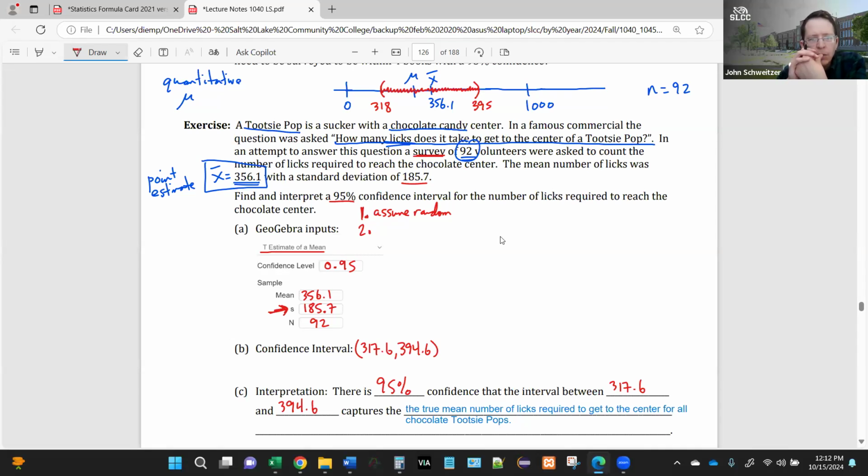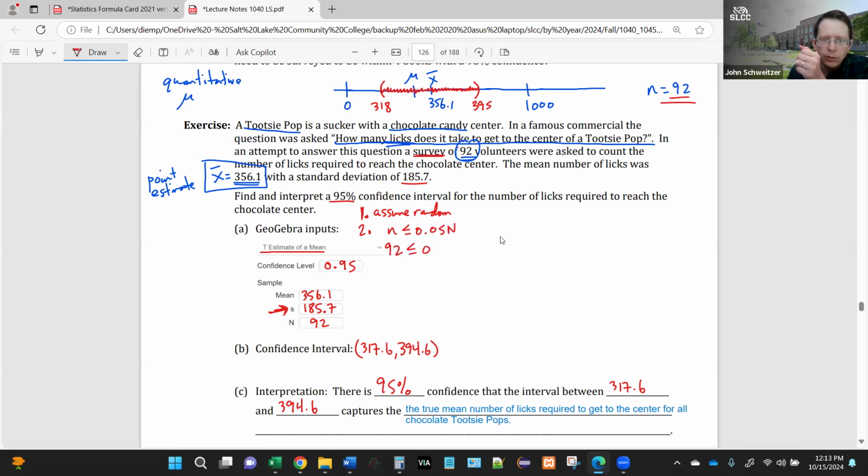Then on 2, we have to make sure that the sample size is less than 5% of the whole population. So the sample size here is 92. And so is that less than 5% of all of the chocolate Tootsie Pops out there? Okay, almost certainly, right?